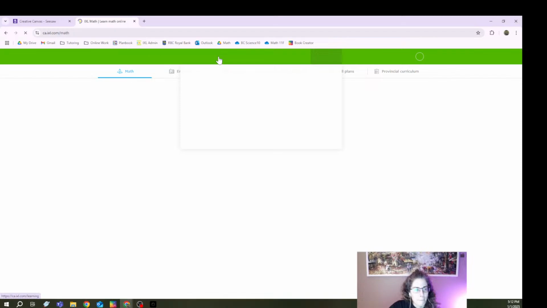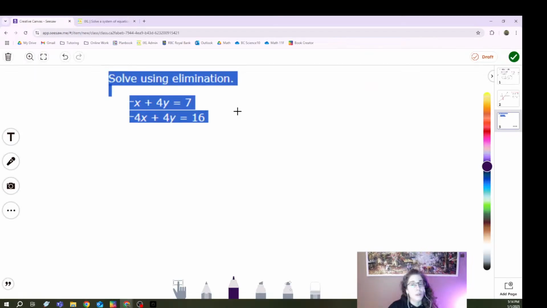What do you remember about these? Well, no, it's not factoring. It's not a box method. This is when, if we have two variables, how do we solve for both variables?